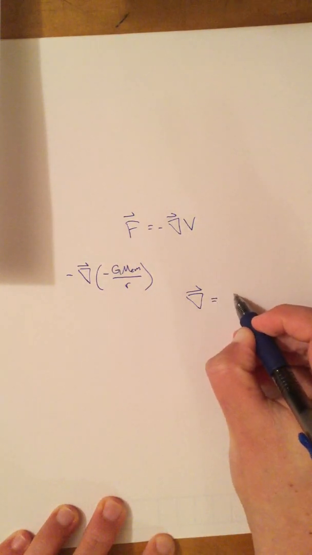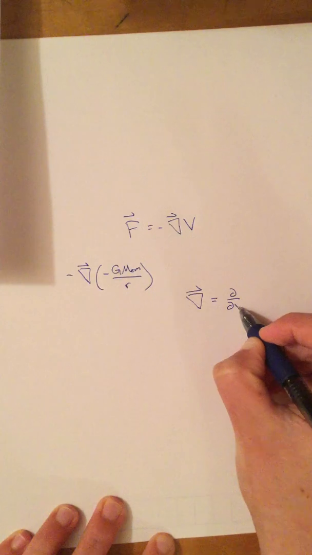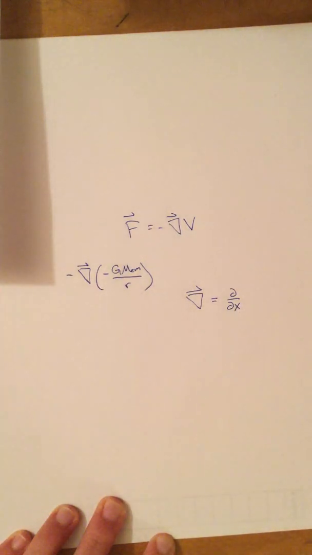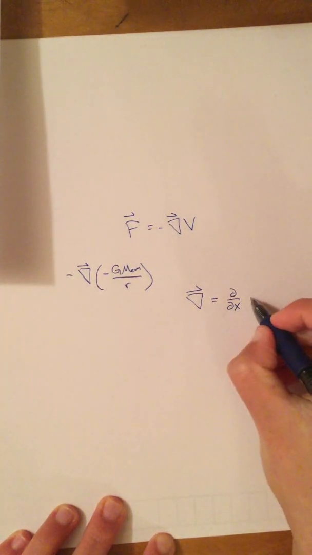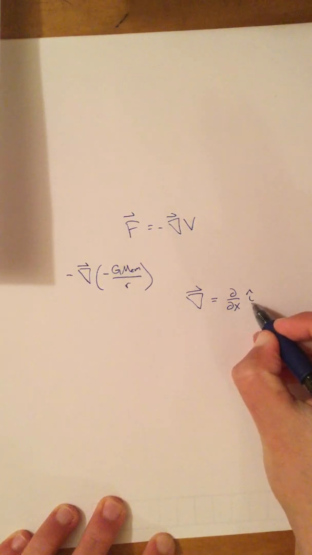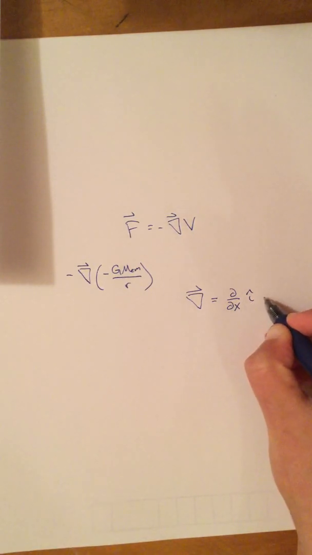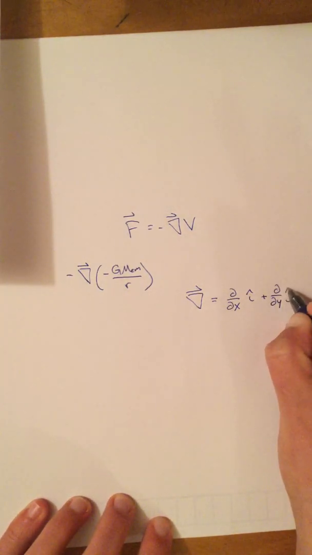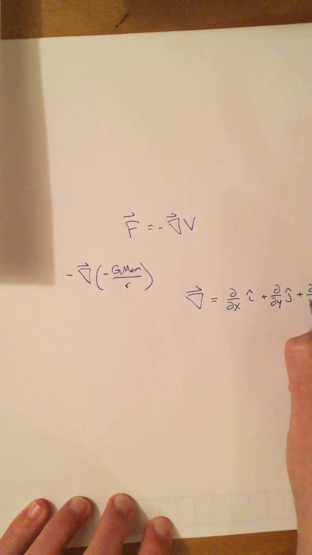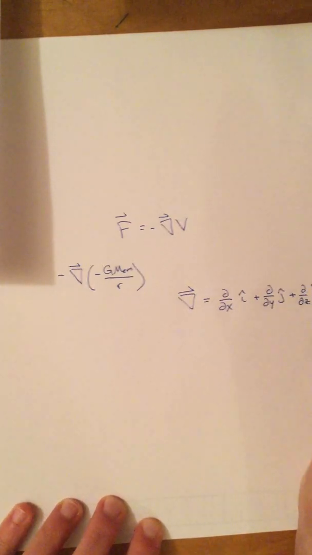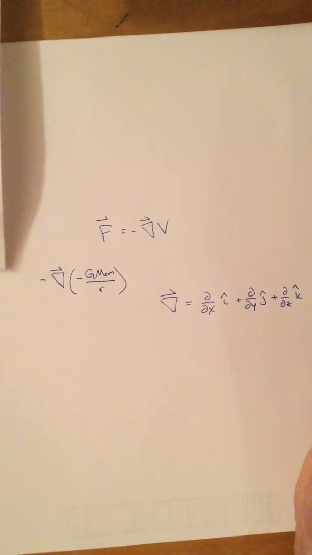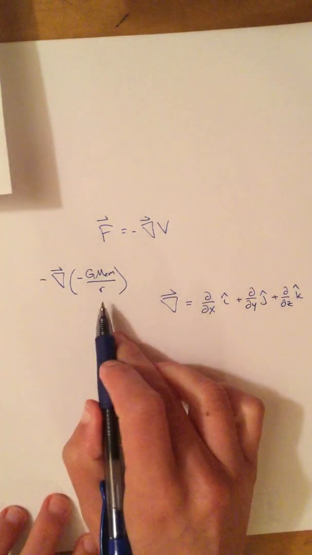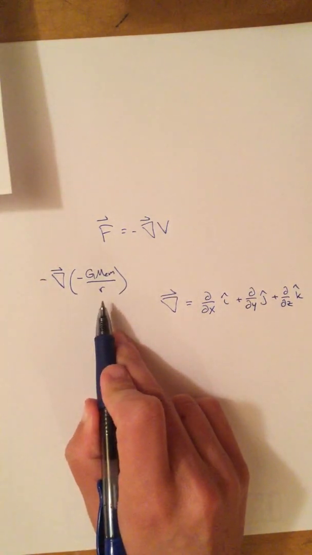It would be the partial derivative of what it's operating on with respect to x in the i hat direction. It's not taking the derivative of i hat, it's operating on something, and this gives you the x component plus the partial with respect to y in the j hat direction plus the partial with respect to z in the k hat direction. But we don't want to do that in this case because we have an r here.